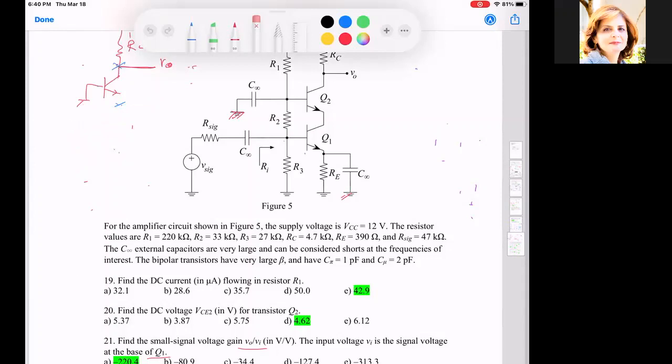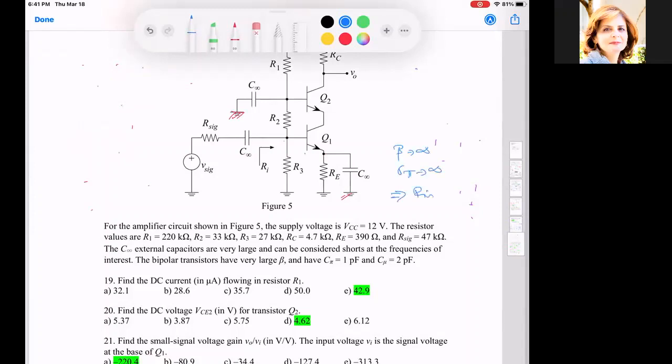R3 parallel R2. Exactly. Why? Because what does the current equal, beta is very large. Yes, IB equals 0. Exactly. So R beta tends to infinity, so R pi tends to infinity.